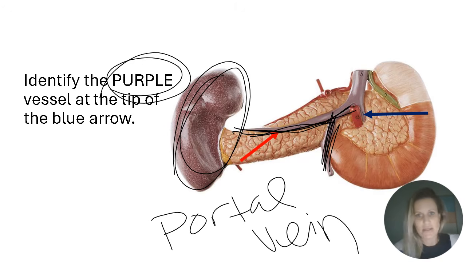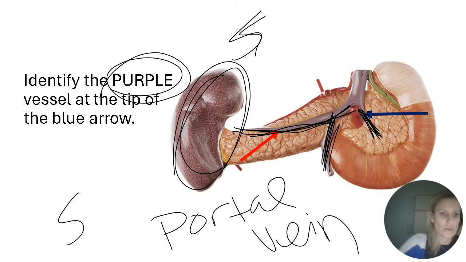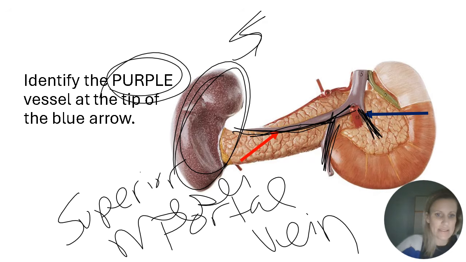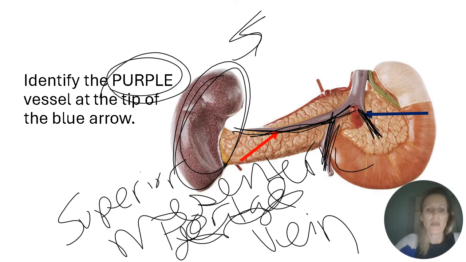Then the splenic vein continues. The next one that merges is the superior mesenteric vein. So at the tip of the blue arrow is the superior mesenteric vein. You don't have to say portal. The superior mesenteric vein.